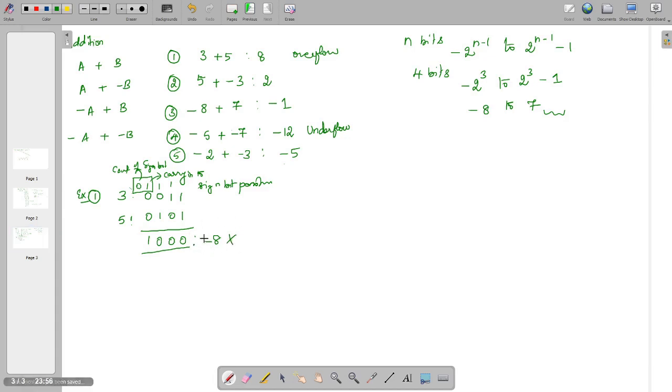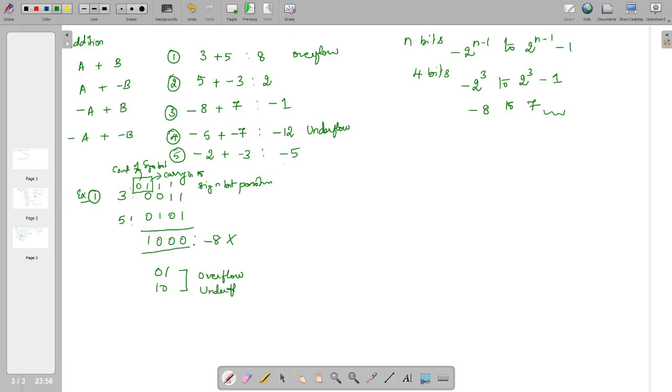And this wrong answer could be identified using the bit values in carry in and carry out of these last two positions. If the bit values are different, if they are 0, 1 or 1, 0, then the result is either an overflow or underflow result.